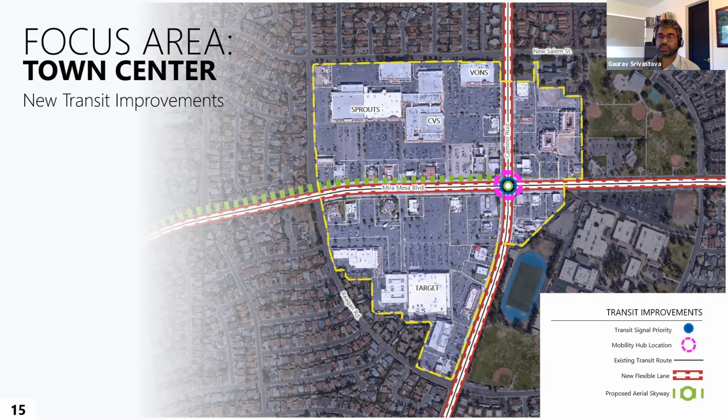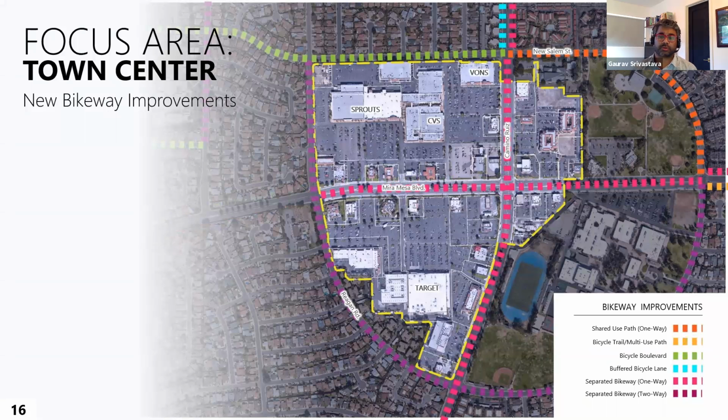SANDAG is currently studying the aerial skyway option that connects to the employment centers on the west. And at the intersection of Mira Mesa Boulevard and Camino Ruiz, a new mobility hub location which would serve as a transfer location between different modes of travel.